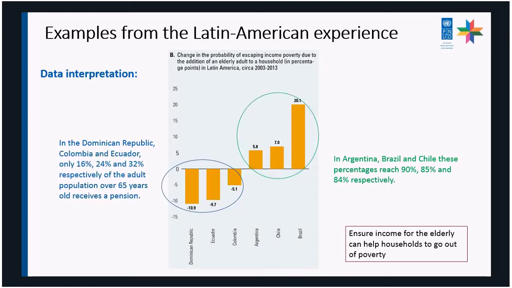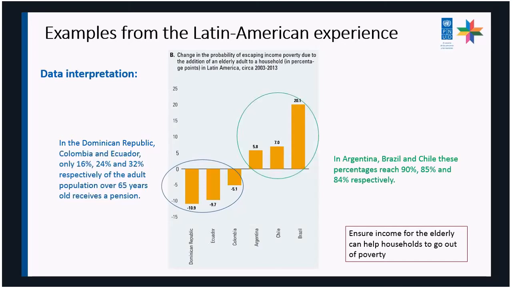Having an additional elderly in Chile and Argentina is mostly due to the comprehensive social protection system. Better protected elderly people, of course, contribute additional income to the households, and in turn, that protects the household from falling into poverty.